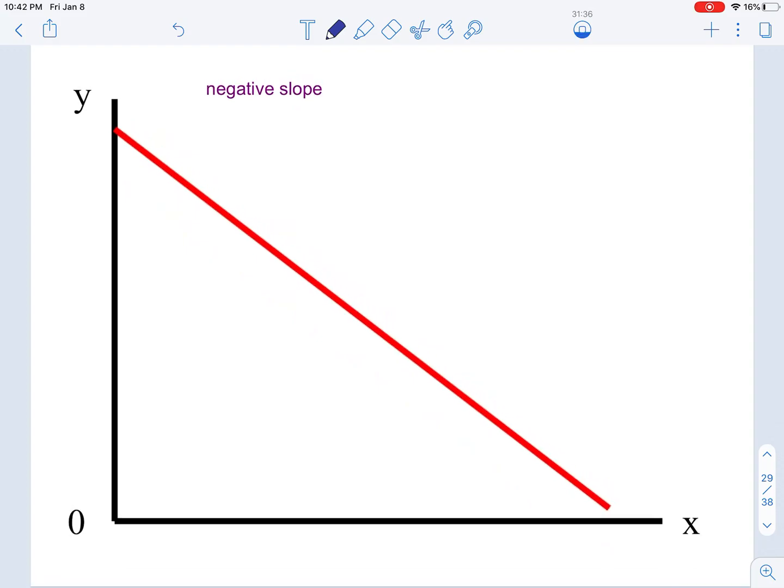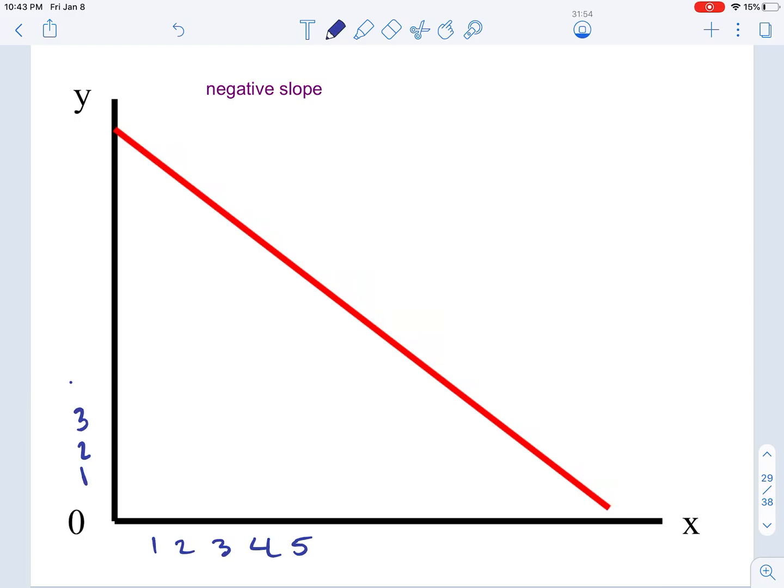Here we would have a negative slope. So as I increase in value along the x-axis, so if this were 1, 2, 3, 4, 5, and so on, I am decreasing in value along the y-axis.